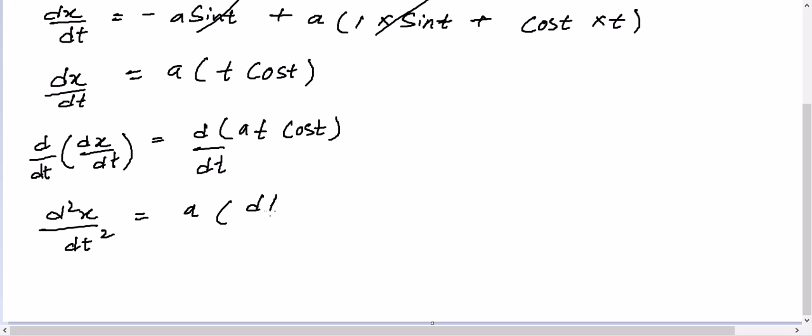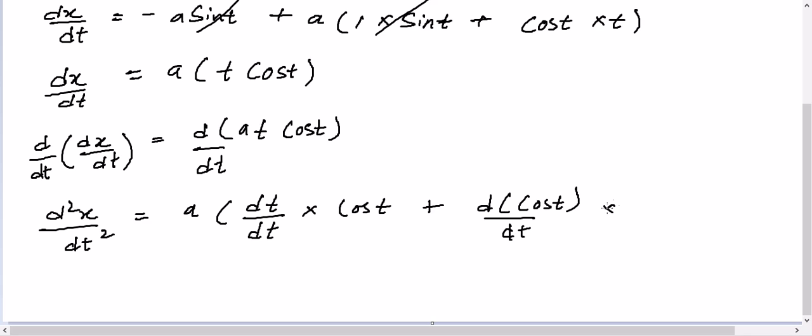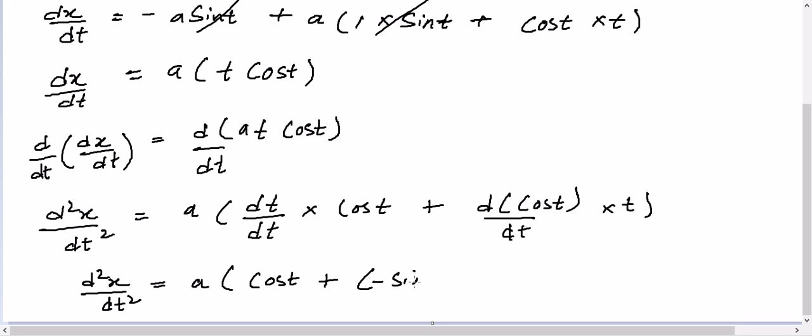So it will be differentiation of t with respect to t into cos t plus differentiation of cos t with respect to t into t. So it will be a cos t plus, differentiation of cos is minus sin t into t. This is our second derivative guys. We'll mark it as 1.